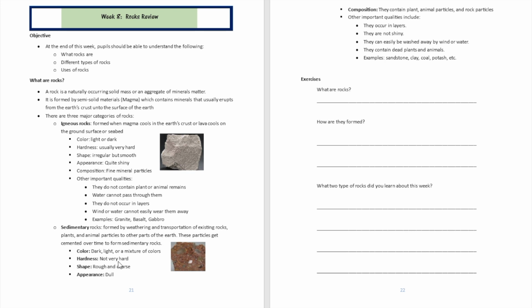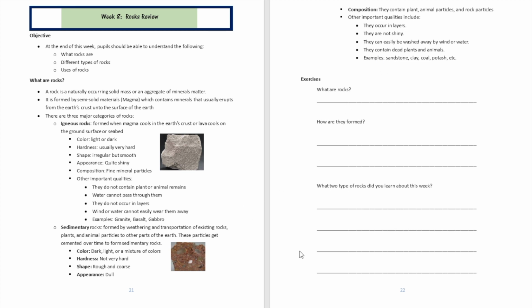They're not very hard. They are usually very coarse, and their appearance is typically dull. Their composition includes plants and animal particles. They occur in layers. They are not shiny. They can easily be washed away.